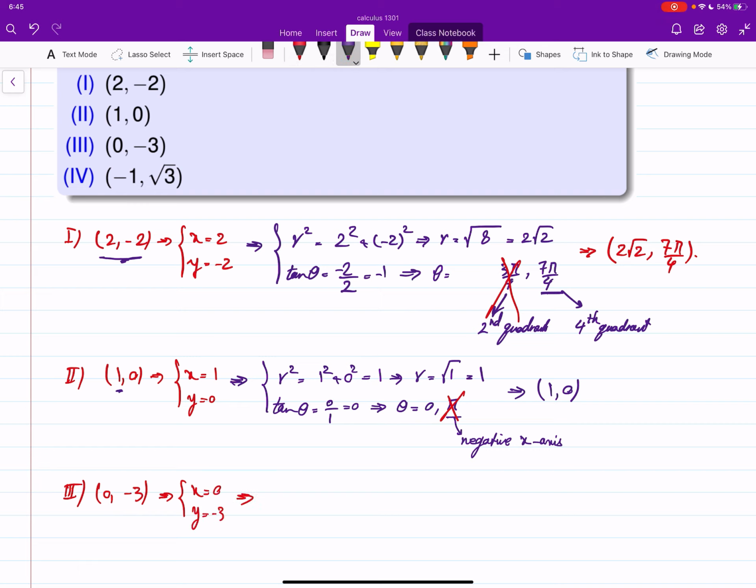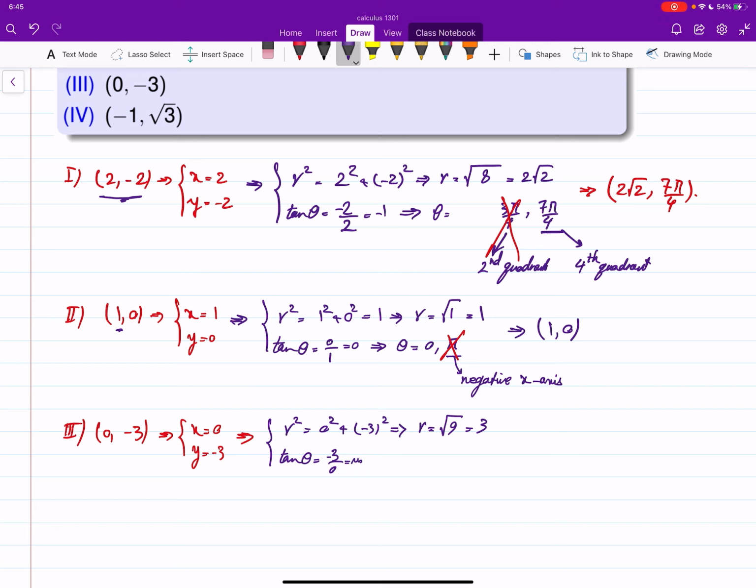This is r equal to root 9. We get the positive one. For theta, it is negative 3 over 0. Well, we are expecting this, well, it's not defined, yes?